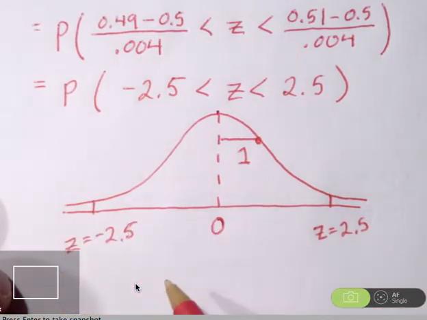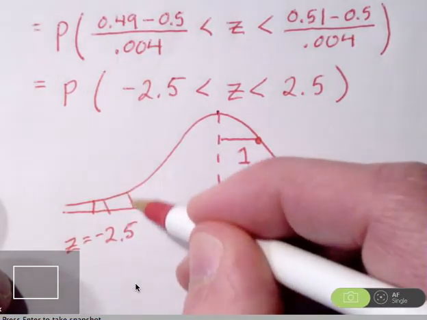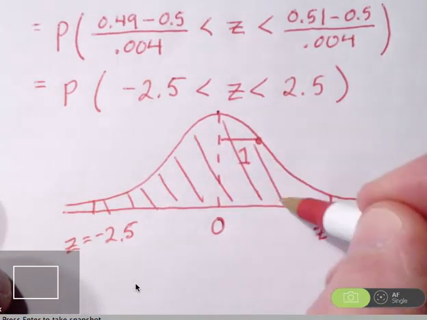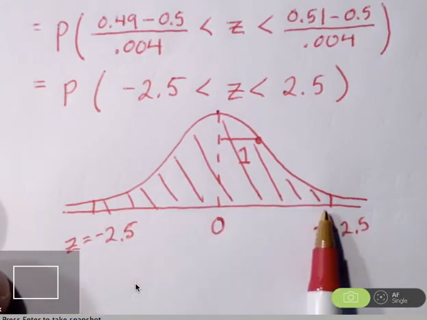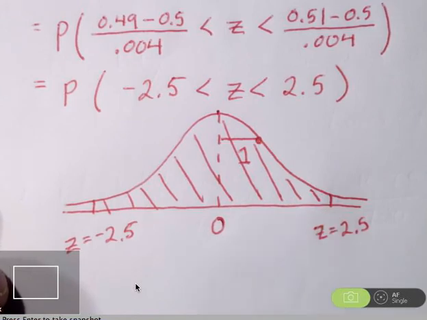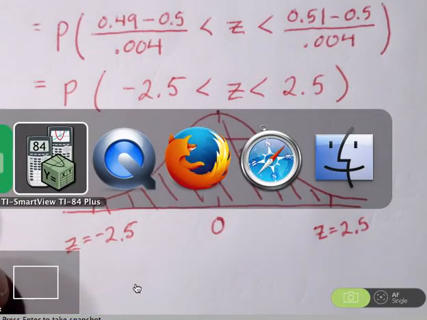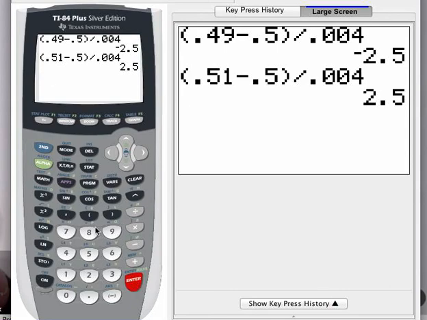This question asks me to find the probability in between these two boundaries. So I'm finding the area under the normal density function between negative 2.5 and positive 2.5, between those z-scores. This is most easily done using the normal CDF command. I would go to second variables.